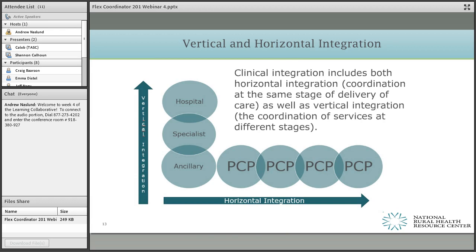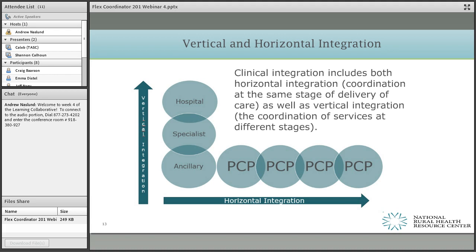This depicts the difference of horizontal and vertical integration, and clinically integrated networks basically can have both and sometimes do have both. An ACO is a perfect way of looking at vertical integration, particularly in the collaborative ACOs that we've seen where rurals participated across the country.